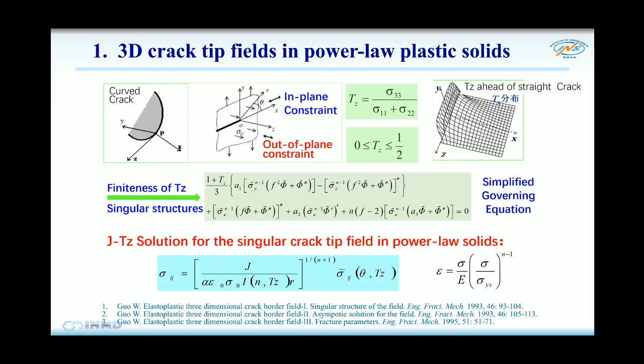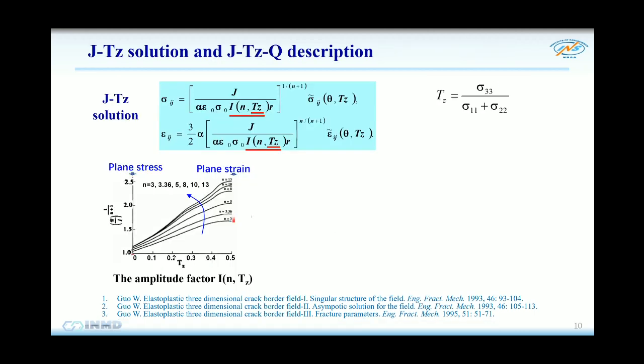You see the TZ is not only dominating the angular distribution, but also this term. And here you see, we also developed this: this is the plane strain, this is the plane strain, and this is TZ equals 0, and this is TZ equals 0.5.